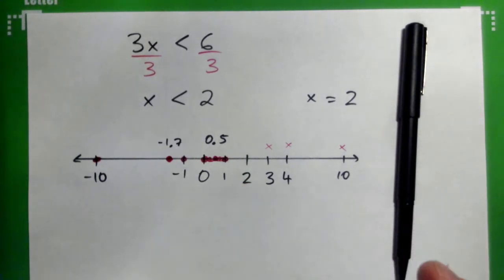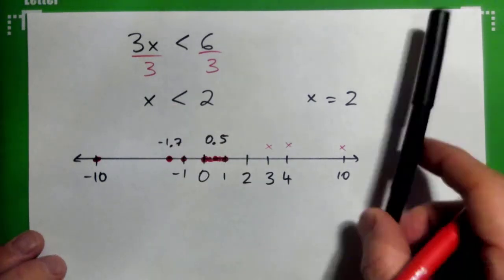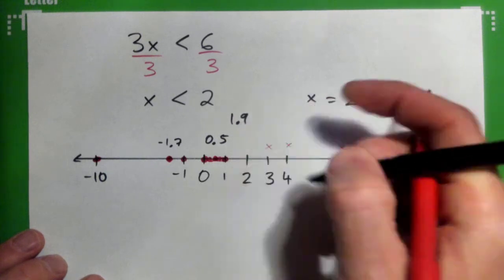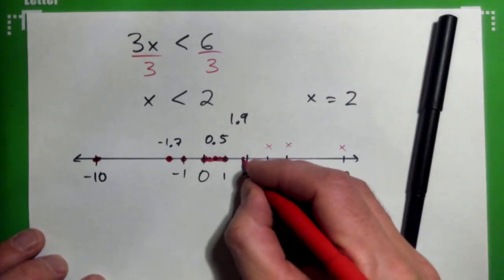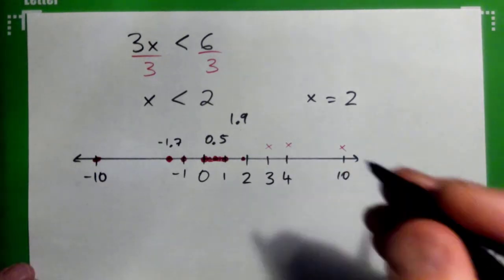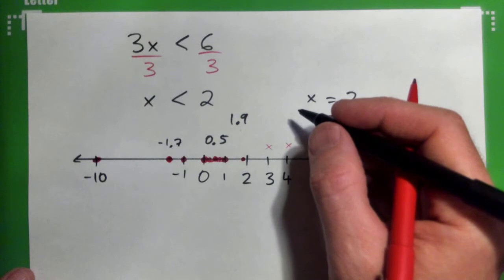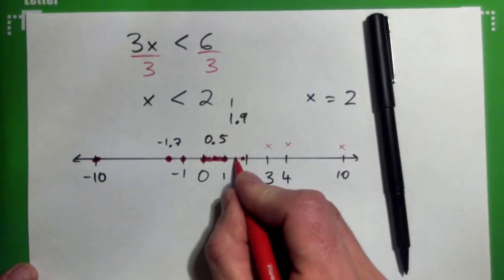So give me a number that's less than 2, but it's almost 2. Can you think of one just for fun? 2.9 would be a bit bigger than 2, wouldn't it? But think of a number that's less. There you go. So 1.9, that's pretty close to 2, but it's just less than 2. Good. What's even closer to 2, but still less than 2? 1.5 would be halfway between 1 and 2.